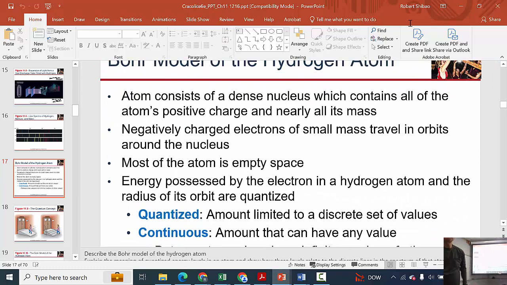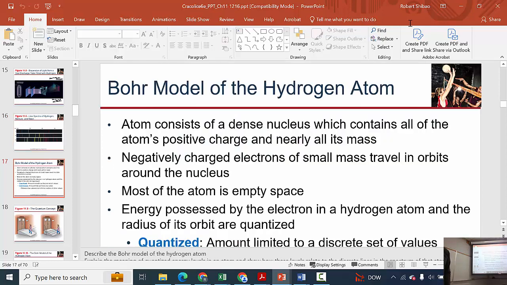Bohr came up with a hypothesis, but it turned out Bohr's hypothesis is wrong. This is the history of the development of quantum mechanics, so you have to know a little bit of history. Even though Bohr's hypothesis was wrong, we're still going to take a look at it.